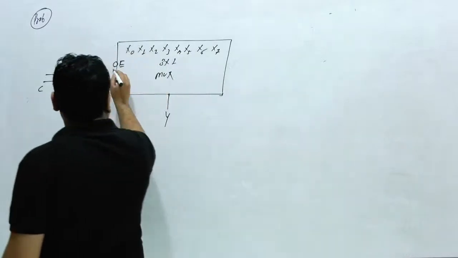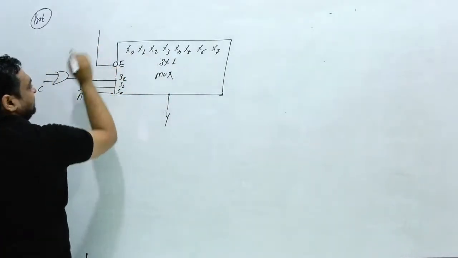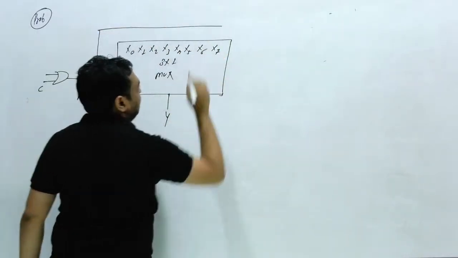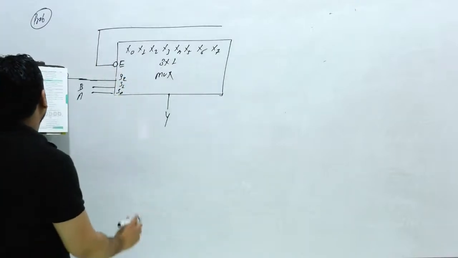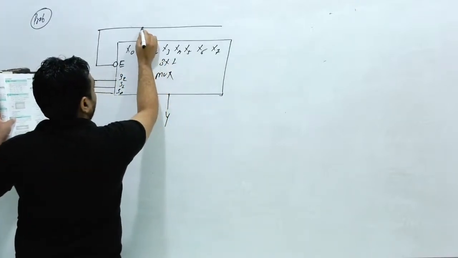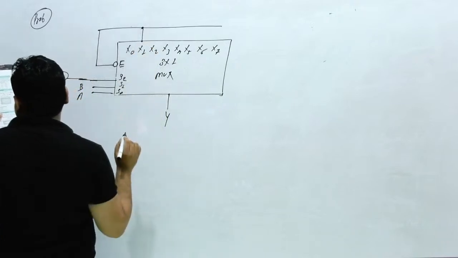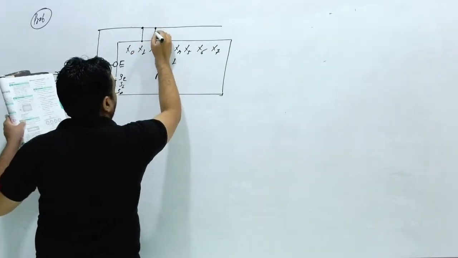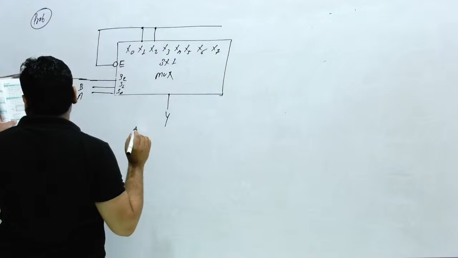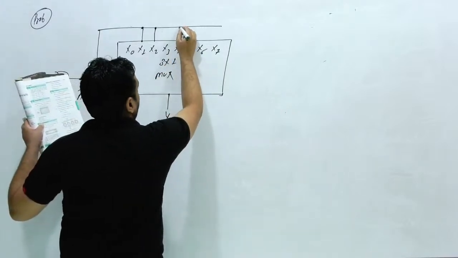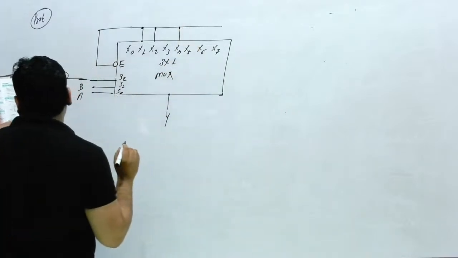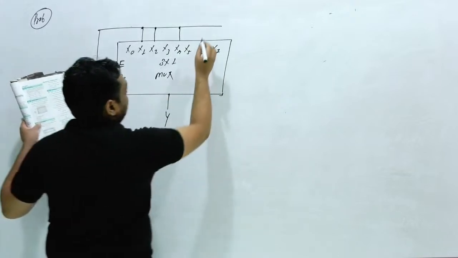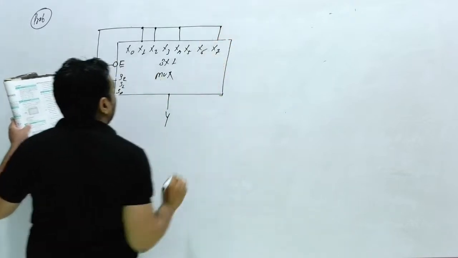And here the enable is connected to 0. The first input is connected to X1, the second to X2, next to X4, and next to X7. Clear?